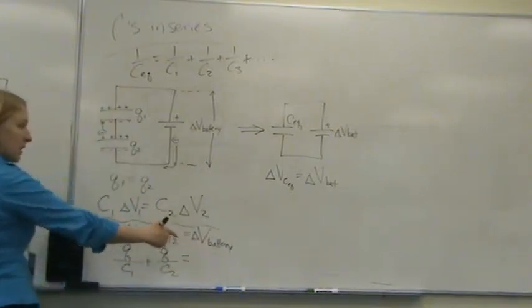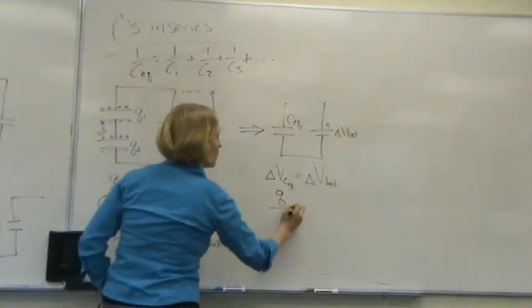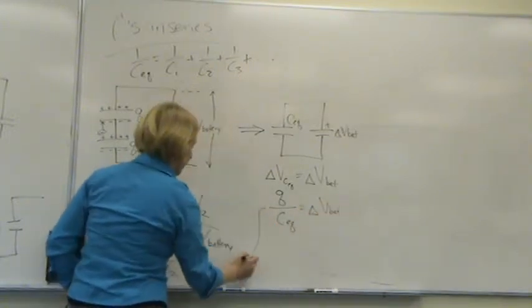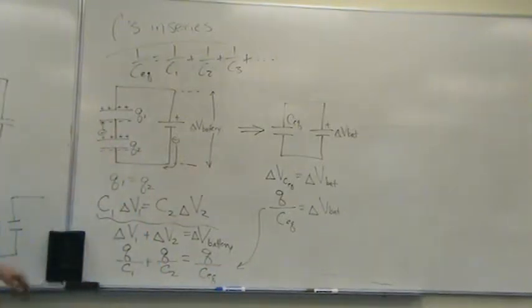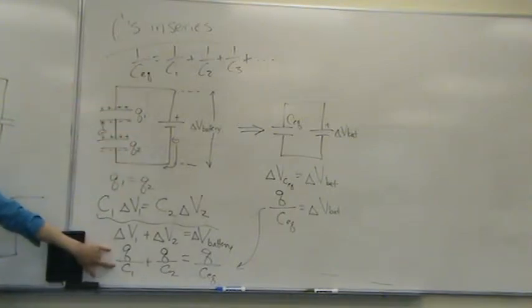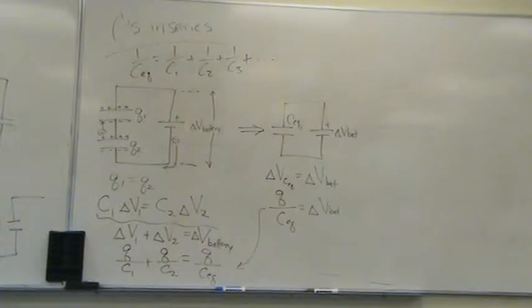And the equivalent capacitance is Q over CEQ equals delta V battery. So we can plug that in down here, Q over CEQ. That's where this equation came from. If you just cross out the Q's, you'll see that the equivalent capacitance equation is what you're left with. Okay, any questions about capacitors in series?